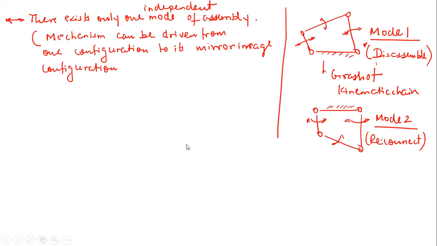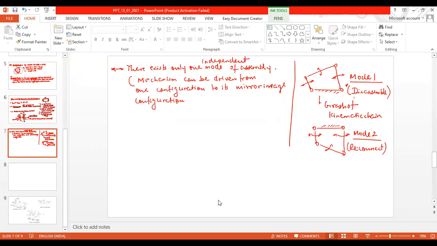But can we associate the non-Grashoff kinematic inversion to the movement of a train's wheels, like the wheels which the train has? Like the entire assembly rotates, and the mirror image is consistent in both movements. Can you repeat, miss? Your voice is very low. Can you repeat the question? Just a second, sir.